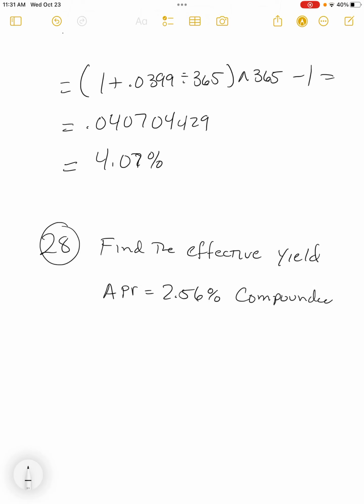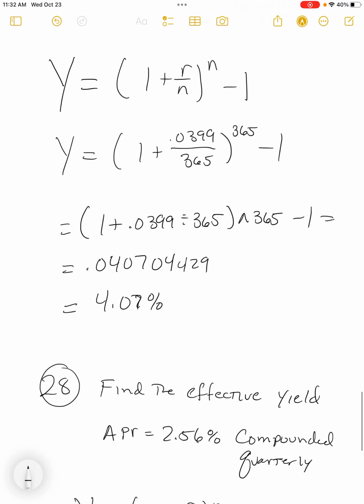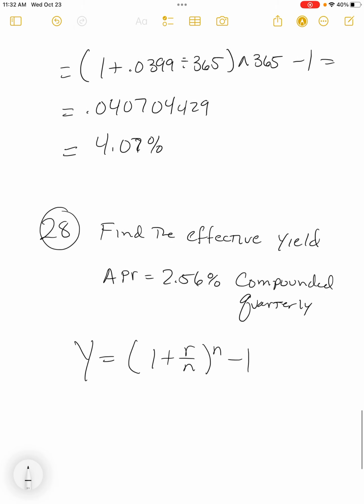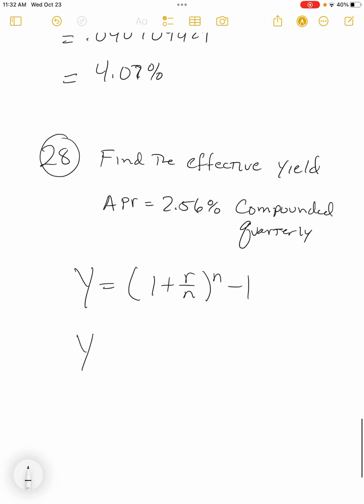So for our effective yield, we just use our formula. Remember, it was (1 plus r over n) to the n, minus 1. Cool. Well, we have everything we need. 1 plus r, 0.0256, all over n.